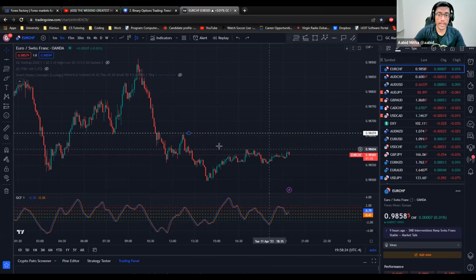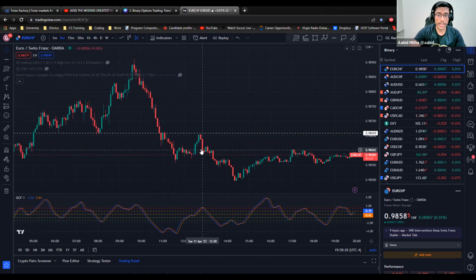The only way to follow this is that the blue candles represent an upward movement of price, right? So you can see, for example, in this candle right here, it is a blue candle, and the price moved in the upward direction.